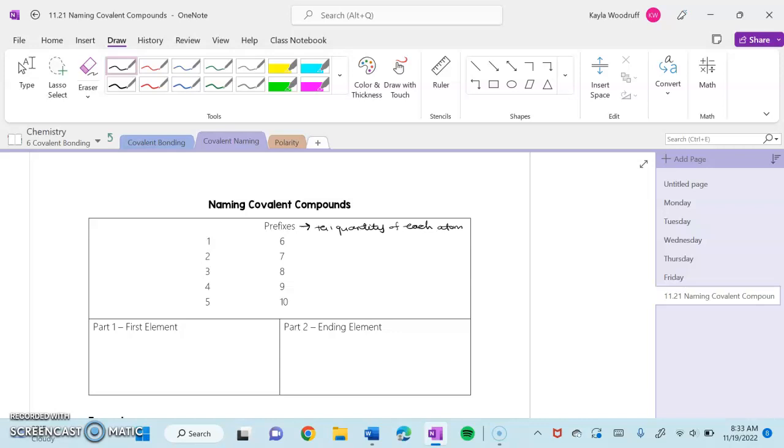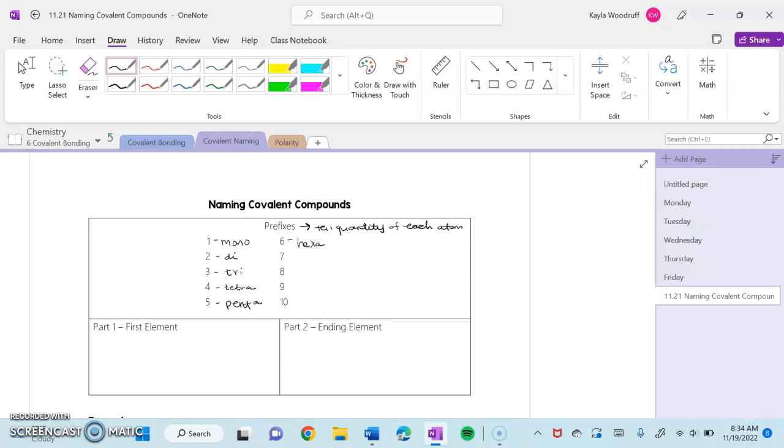So one prefix that you will put on to describe one is mono, 2 is di, 3 is tri, 4 is tetra, kind of like what we've used in our molecular shapes. Tetrahedral. Tetra means 4. And then after this, they're going to be really, really familiar, I think. 5, penta, like a pentagon.